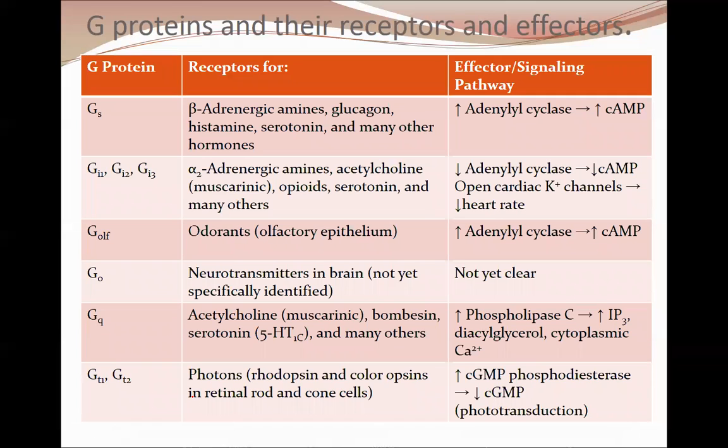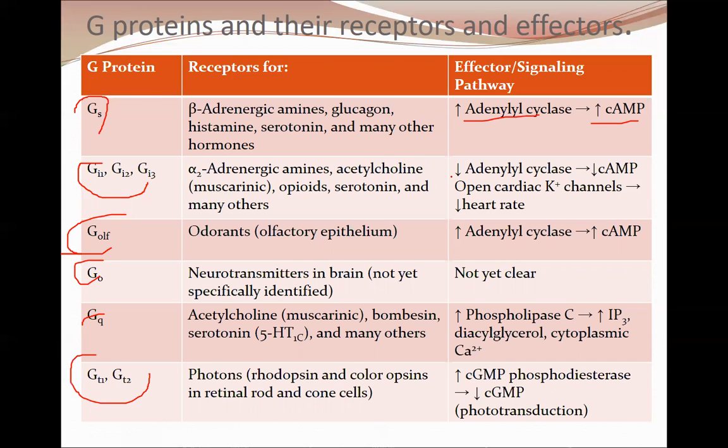So what are these second messenger systems? Depending upon the type of G proteins, it could be GS, it could be GI, which could be of three types, it could be GOLF, GO, GQ, or GT1 and GT2. GS increases the adenyl cyclase activity, activating the cyclic AMP.